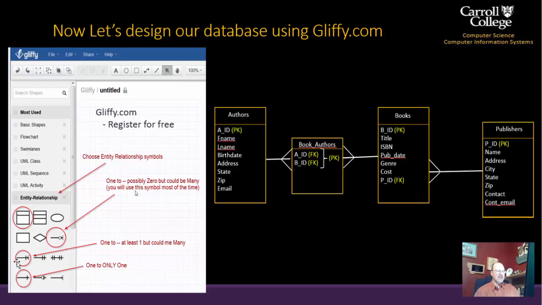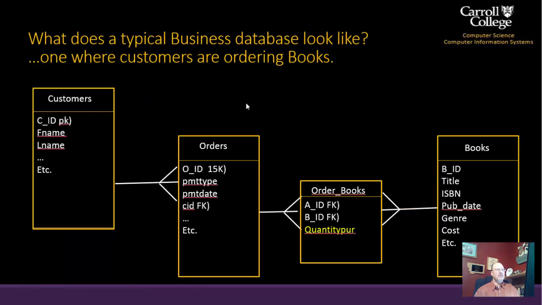And then that's actually a 1 to at least 1, but could be many. And then 1 to only 1. Within this particular design, we'll probably use 1 to many's, 0 to many, and then we'll use the actual table diagram.